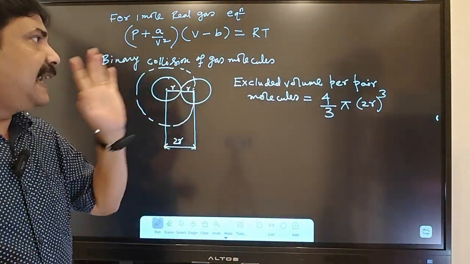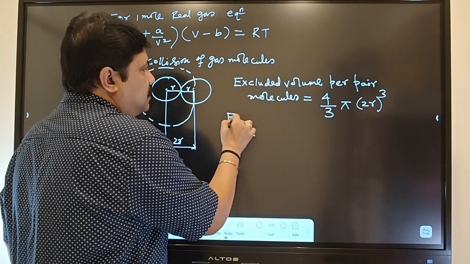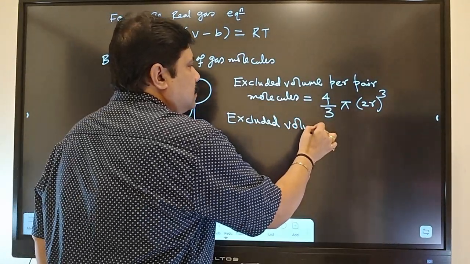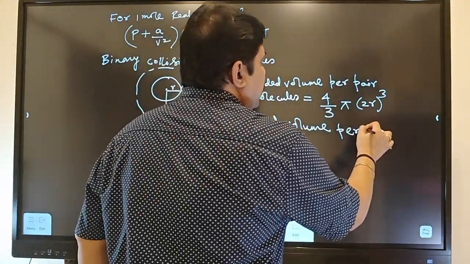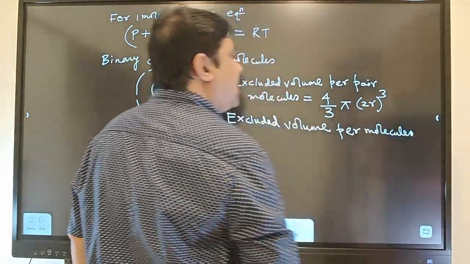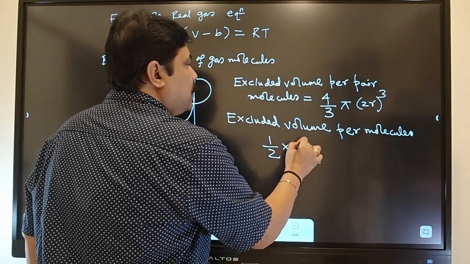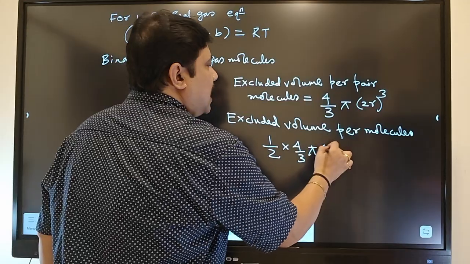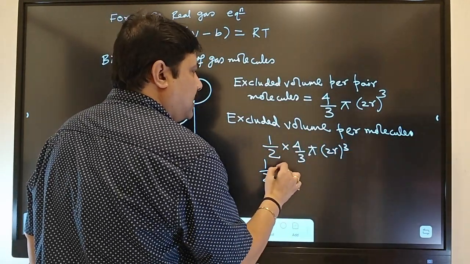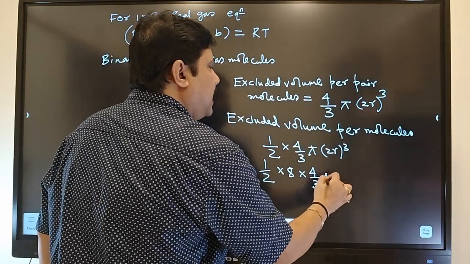Now if I want the excluded volume per molecule, that will be equal to 1/2 into 4/3 pi (2r) whole cube, which is 1/2 into 8 into 4/3 pi r cube.